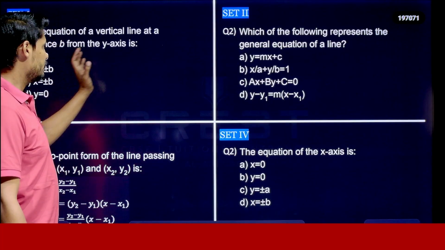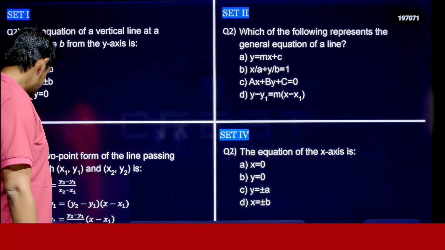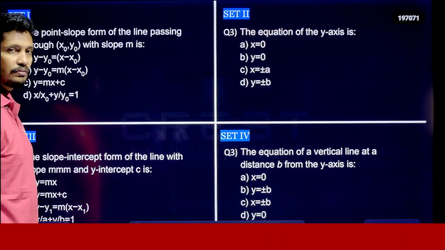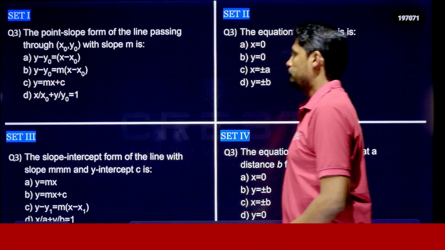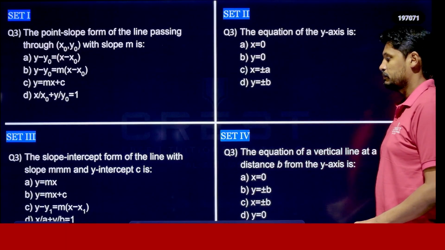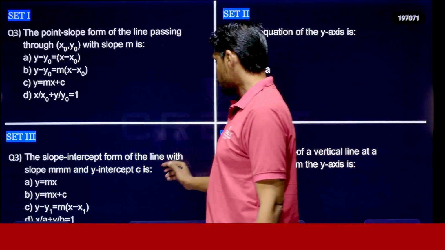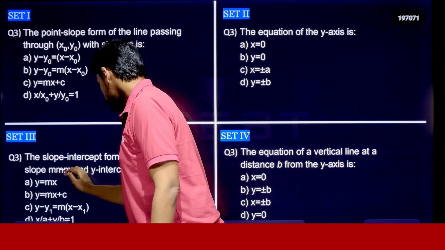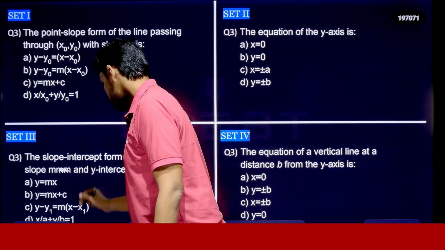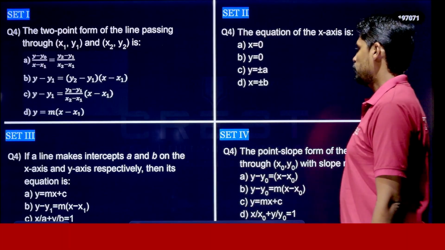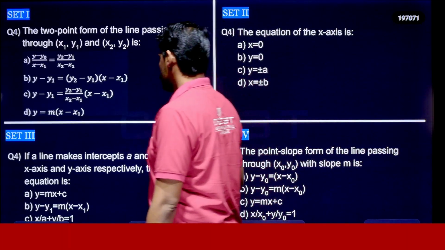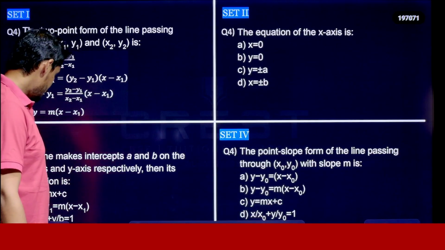Each question contains 4 options. With the slope, only 1 m, not 2 m. It's a printing mistake. Fine. These questions we have already discussed, so you can answer very fast.